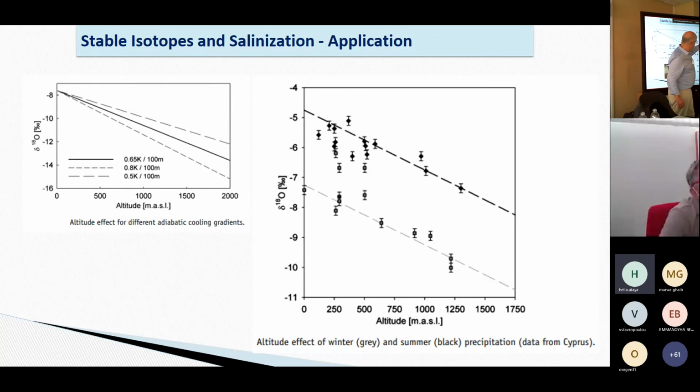So this means 1,000 meters difference translates into minus 5.2, minus almost 7. So it's 1.75 divided by 10. So this is 0.175 per mil per 100 meter change.